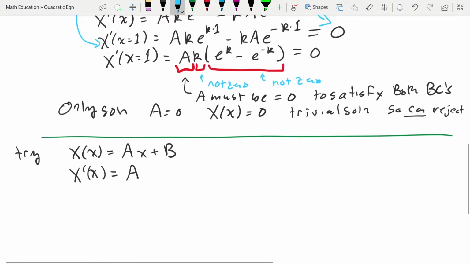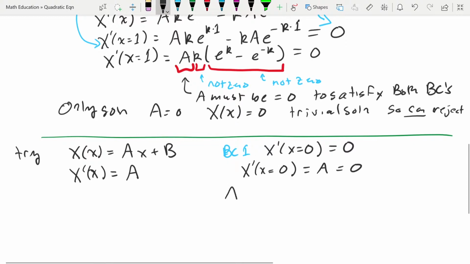Now I go to boundary condition 1, which was that X prime at x equal to 0 is 0. I'm going to substitute in, say X prime of x is just equal to a. Well, that's just got to be 0. X prime at x equal to 0 is equal to a is equal to 0. So a must be equal to 0.